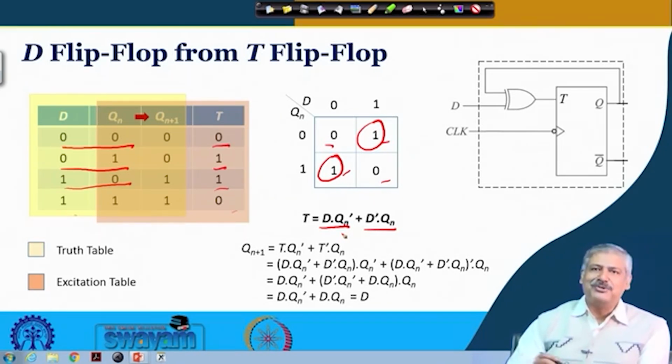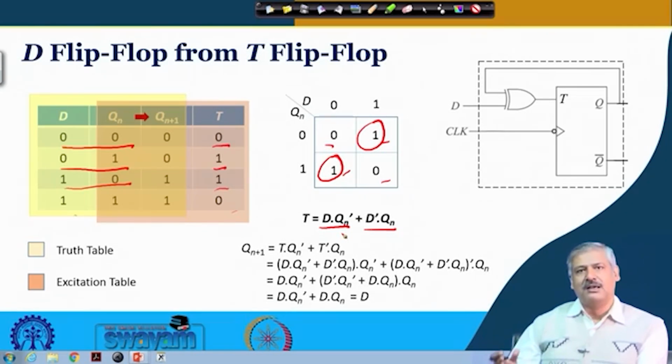You could have obtained it, as I said, through algebraic manipulation, knowing how the XOR function works. XOR of a function with the same function gives you 0, and 0 with another variable will be the variable itself. 1 XORed with the variable is the complement of the variable, and 0 XORed with the variable is the variable itself.